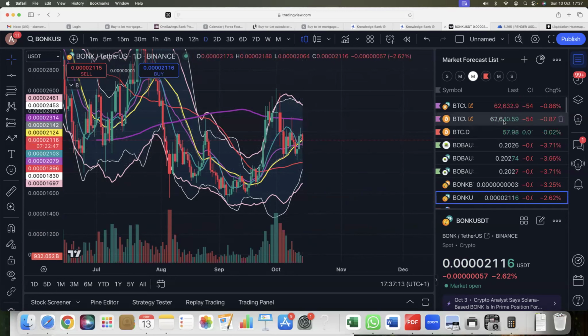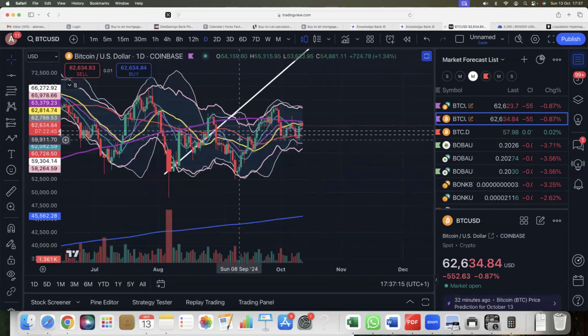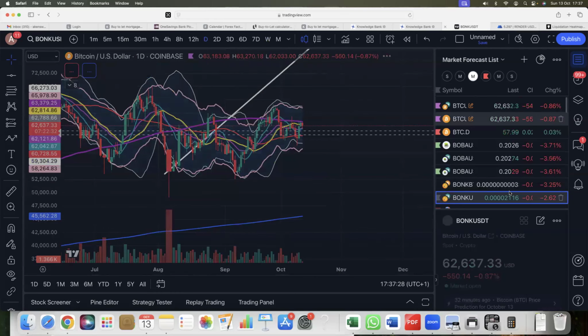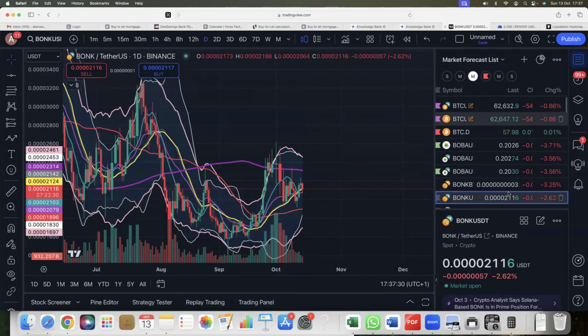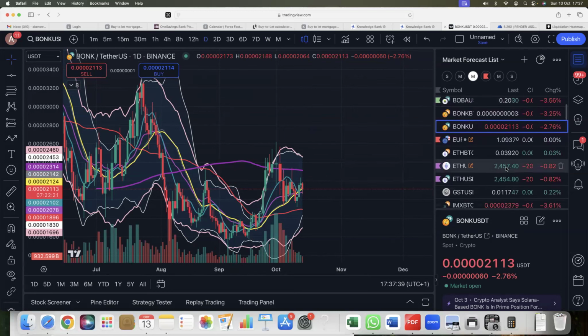It's the same. Look at that, can you see the parallels? They're all following Bitcoin's price action, except for the odd one which punches above its weight, like TIA is at the moment.